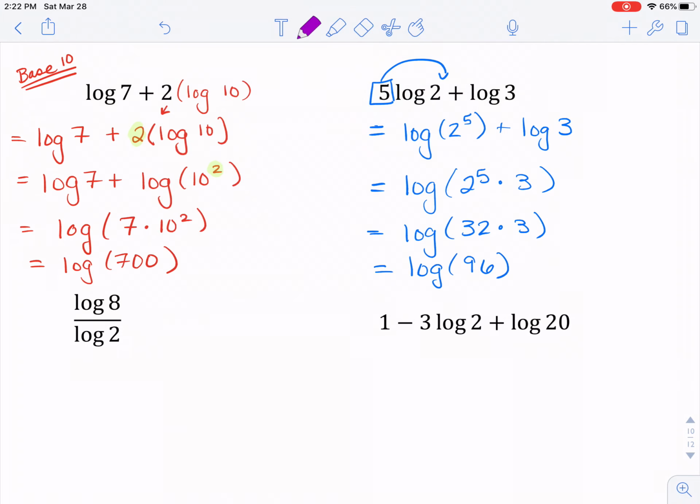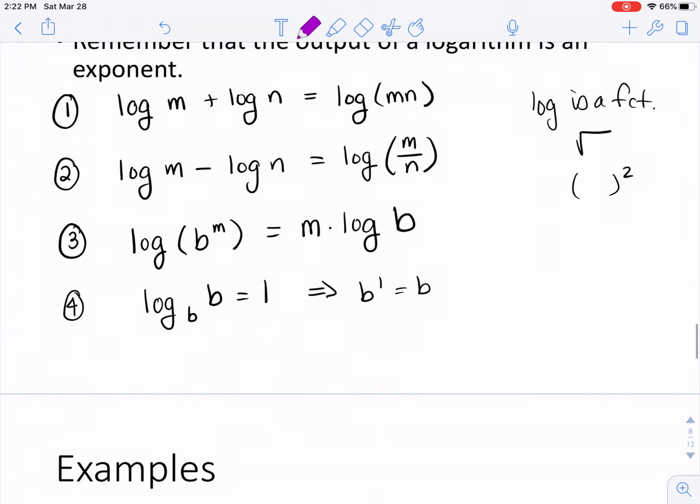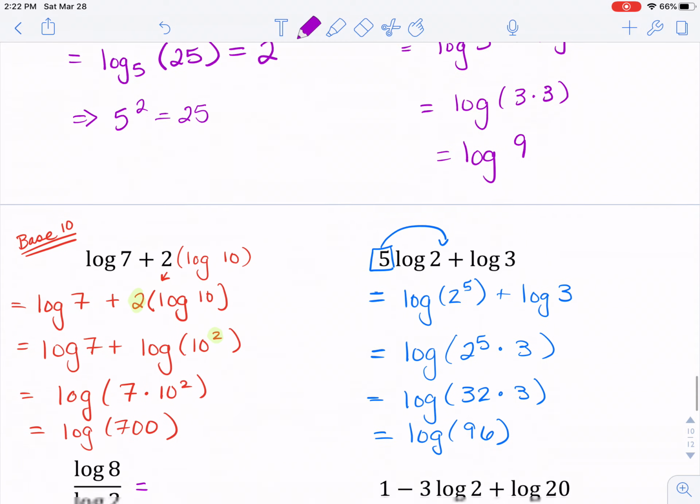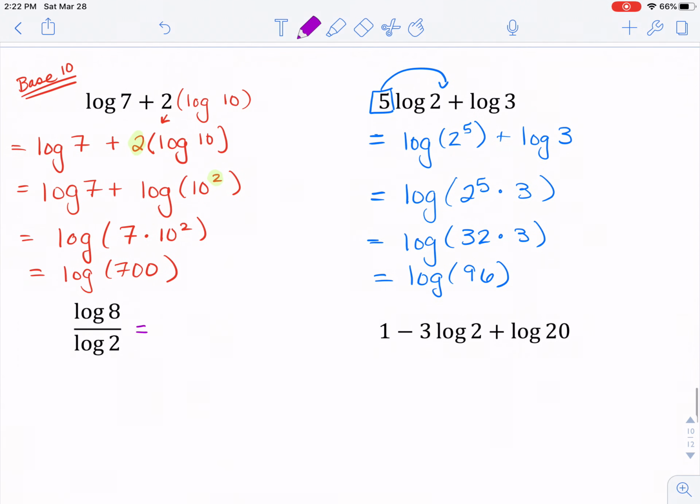All right. This next one. There wasn't anything that divided logs. My rules didn't divide logs. The rules divided what we're taking the log of. So this one is a little different because it's not actually dividing the logs, is it? But I see that too, and wait a second.